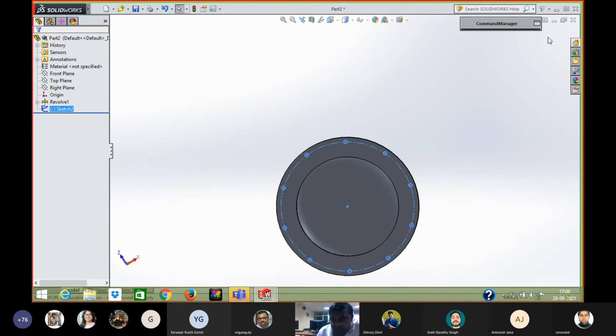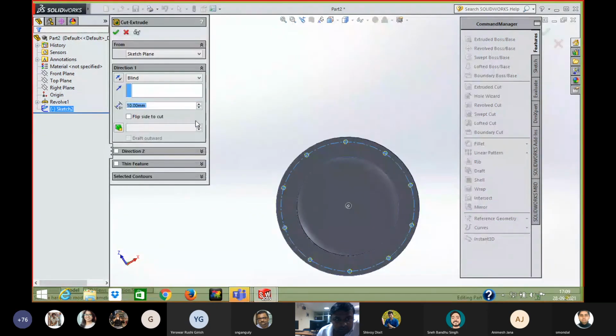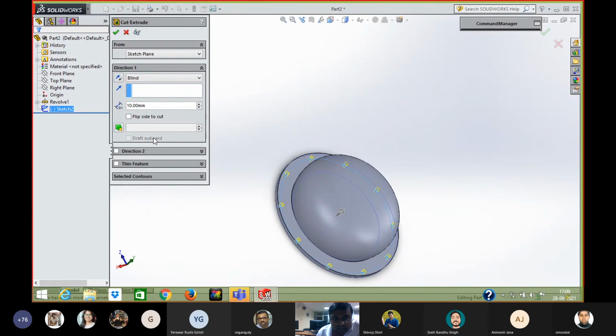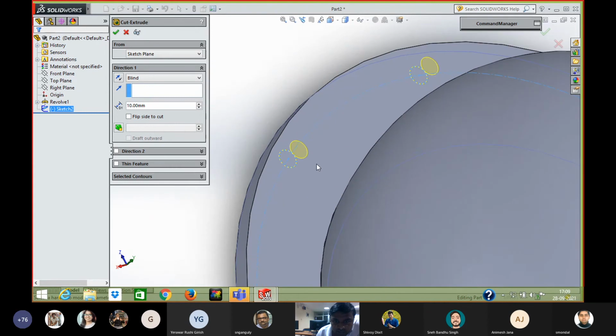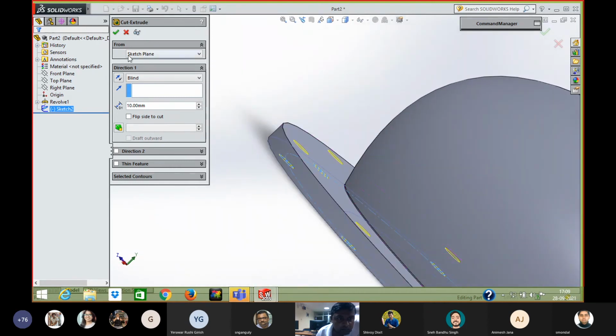Then leave the sketch and go to extrude cut. See, it's showing up to the surface 10 mm. Or we can use blind, through both, blind vertex.